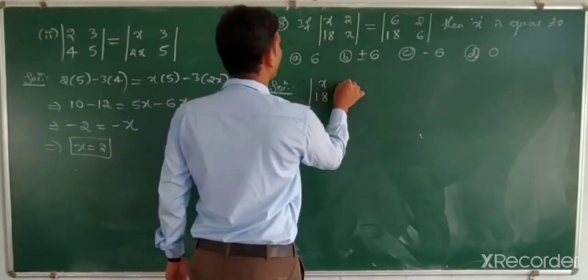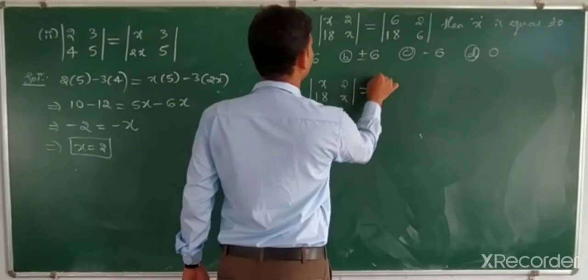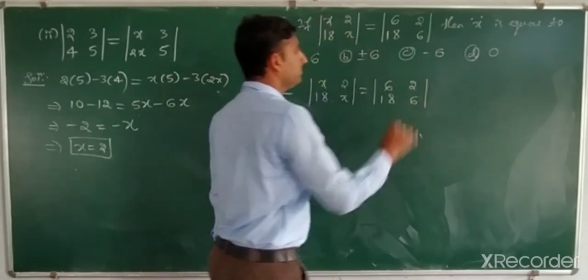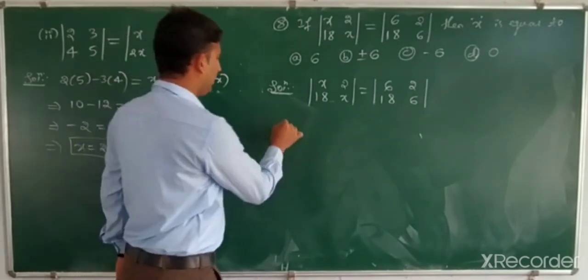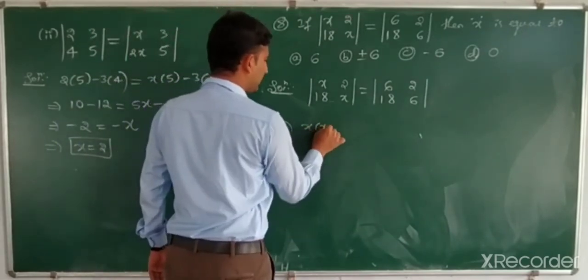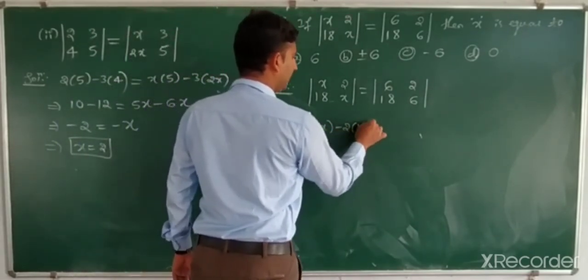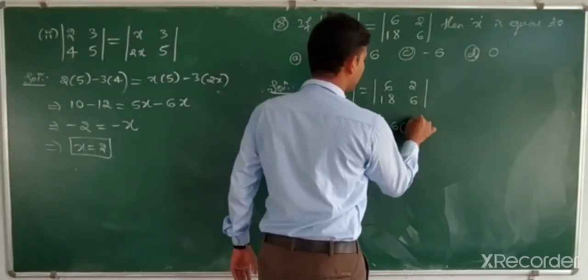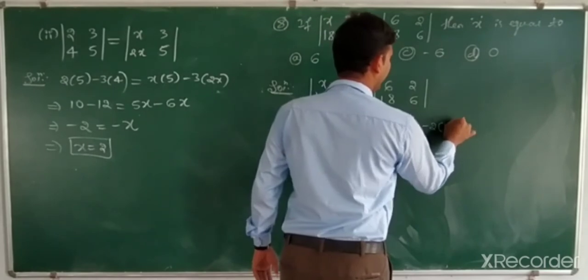Solution: |x 18; 2 x| is equal to |6 18; 2 6|, which implies x into x minus 2 into 18 is equal to 6 into 6 minus 2 into 18.